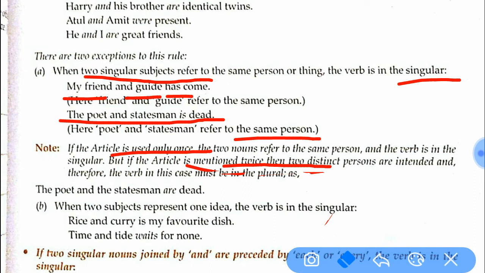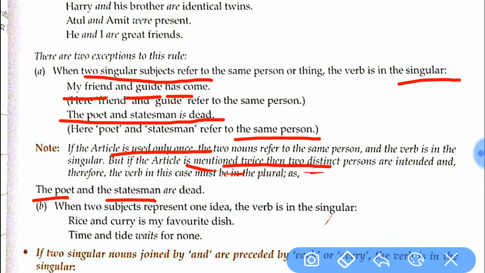See the second one here. Look at the poet and the statesman. When the article is used twice, that means two different nouns. Look here, the poet and statesman, where a second time the article is not used. This helps you differentiate between sentences joined by and, whether the plural or the singular form is to be used.